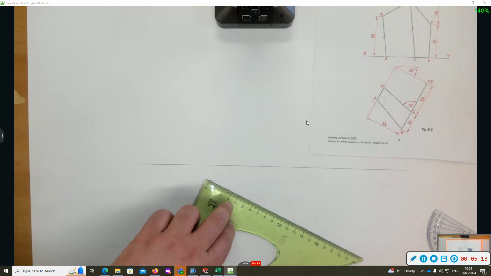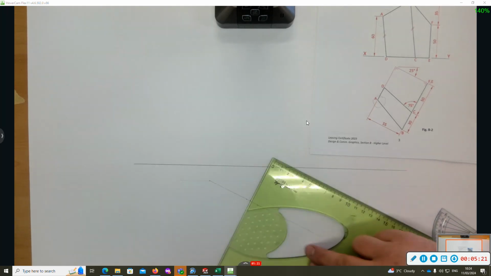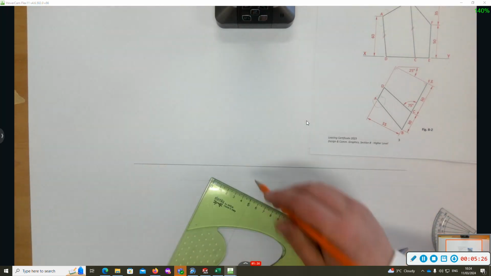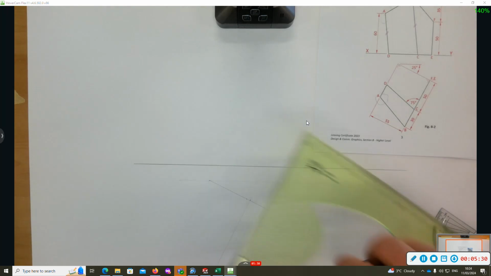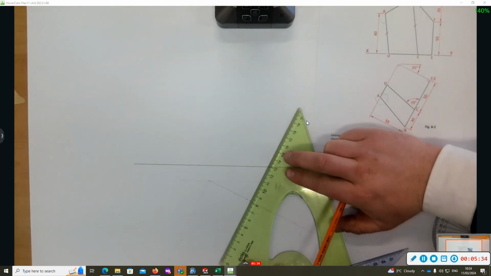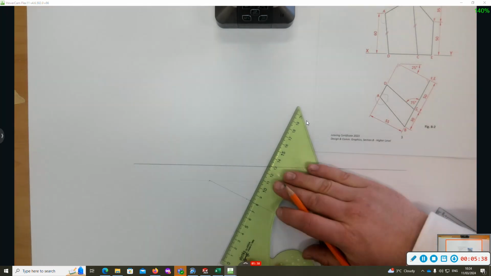Then we'll use our sliding set squares. We're going to mark 80 along this line here, because of F, E, C and B, so 80.